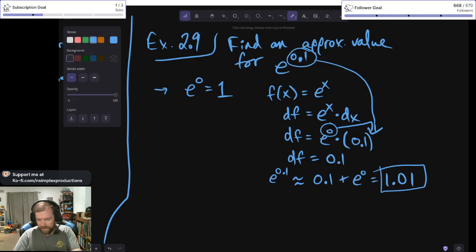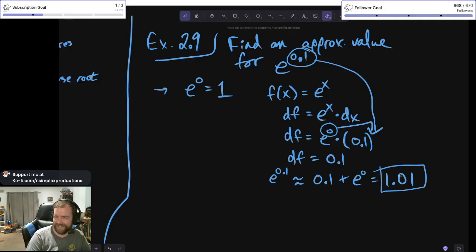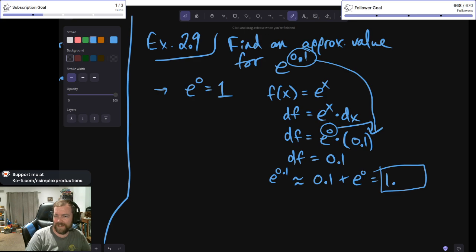So here, e to the 0.1 is... Oh, no, check your decimals. Oh my goodness. I teach math. Right? 0.1 plus 1 is 1.1.